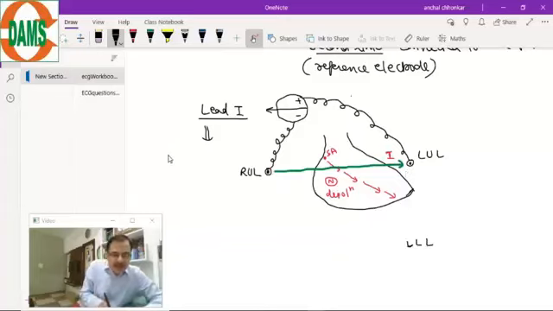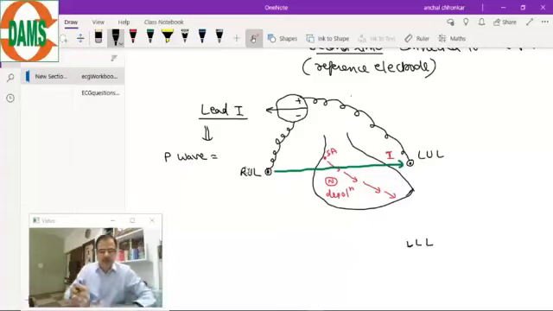Therefore, in lead 1, if we see the P wave, now link with the previous class, basic number 3. Here the depolarization or the positive ion movement is not along the line, it is oblique to the line. So the P wave will be less positive.